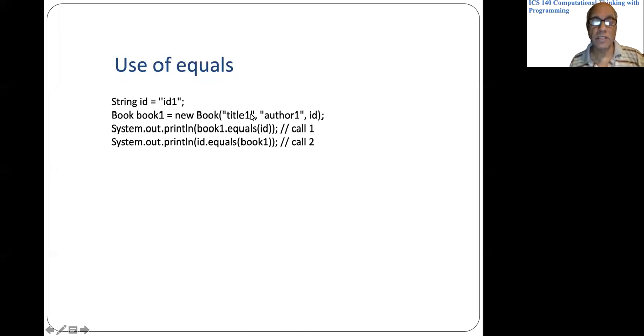You can never say that a string is equal to a book. Either this way, is book1 equal to ID, or is ID equal to book1? Neither one of these should print true.